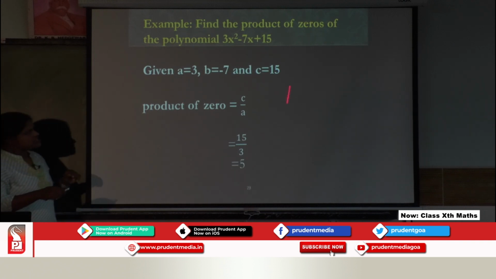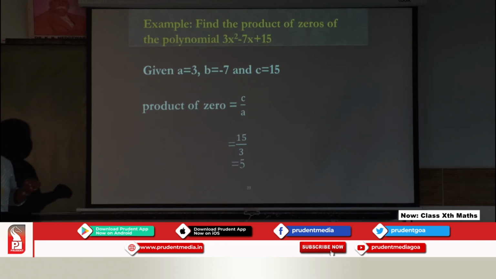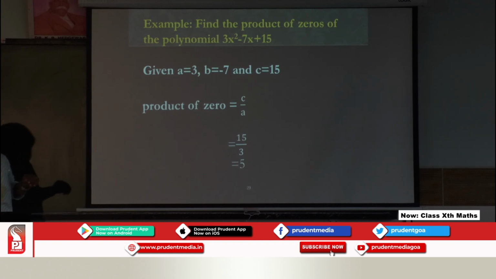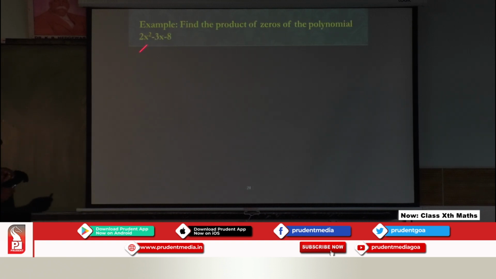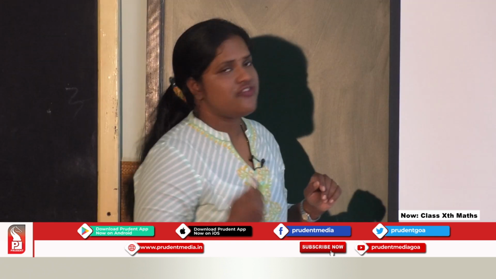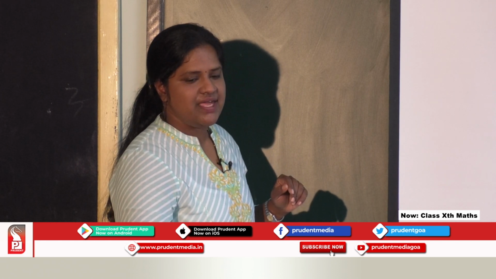So, this was the problem where c is positive. Let us have a look at another example where c is given as a negative term. The example is: find the product of zeros of the polynomial 2x square minus 3x minus 8. Okay? So, first as usual let us identify a, b and c.